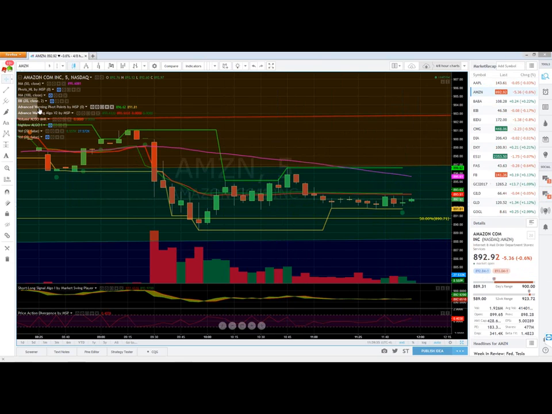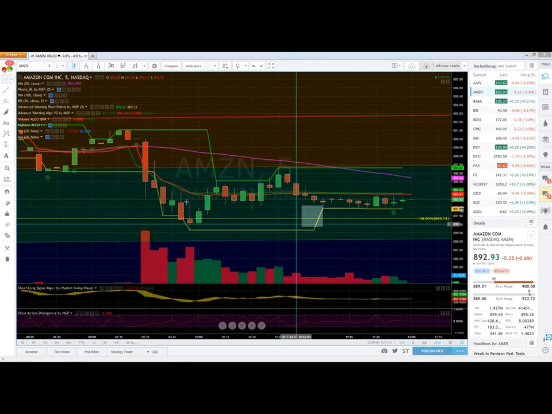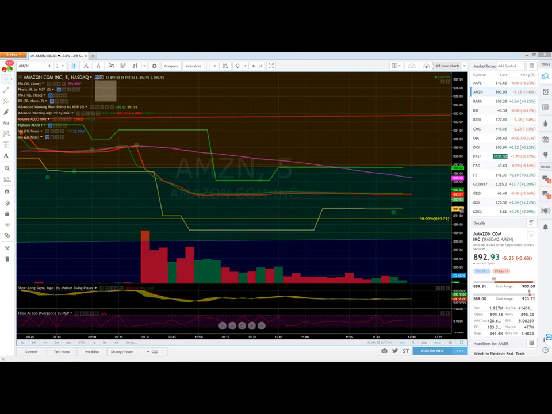So the first one is the advanced warning pivot points, and we have the gold pivot point here, and let me turn the candles off. We could see the gold and we could see the lime green.